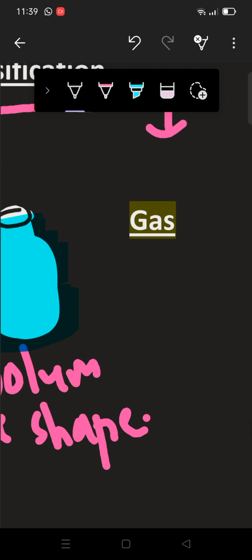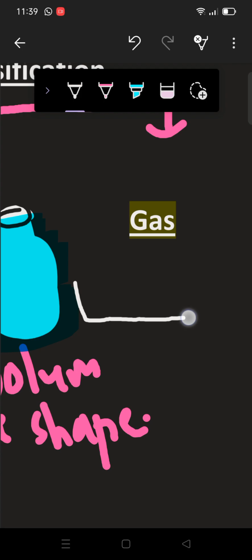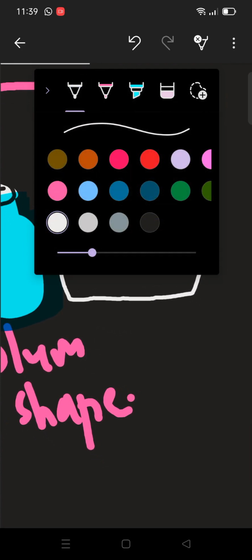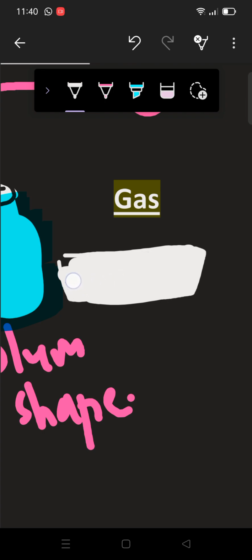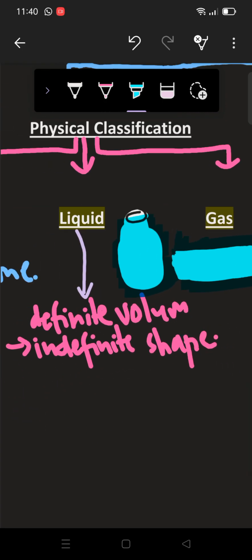Now you are putting this water into a dish. Now let's see the statement I have written: definite volume but indefinite shape.